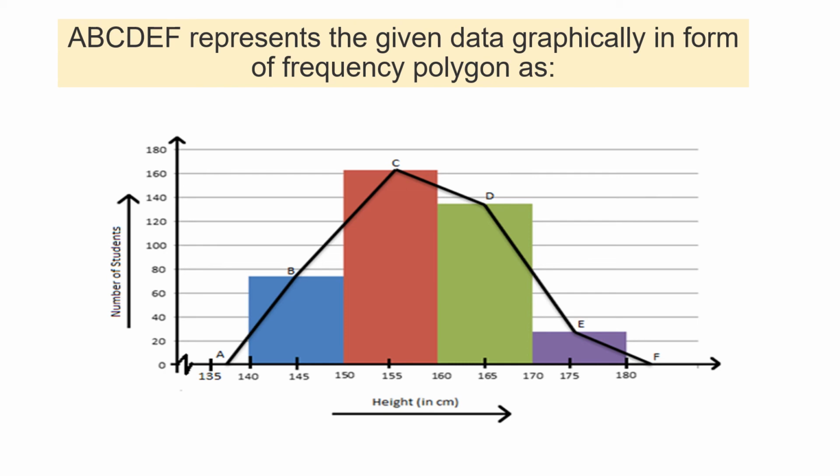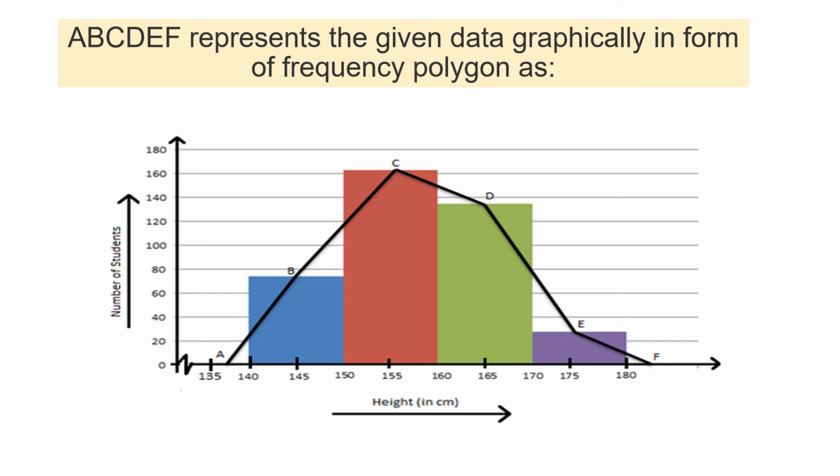So students, this ends our histogram. How are we going to plot the frequency polygon? Let's have a look. ABCD represents the given data graphically in the form of a frequency polygon. Students, when we draw a histogram, at the midpoint of each rectangle we plot a point: point B, point C, midpoint of this rectangle, point D, midpoint of this rectangle, point E, midpoint of this rectangle.